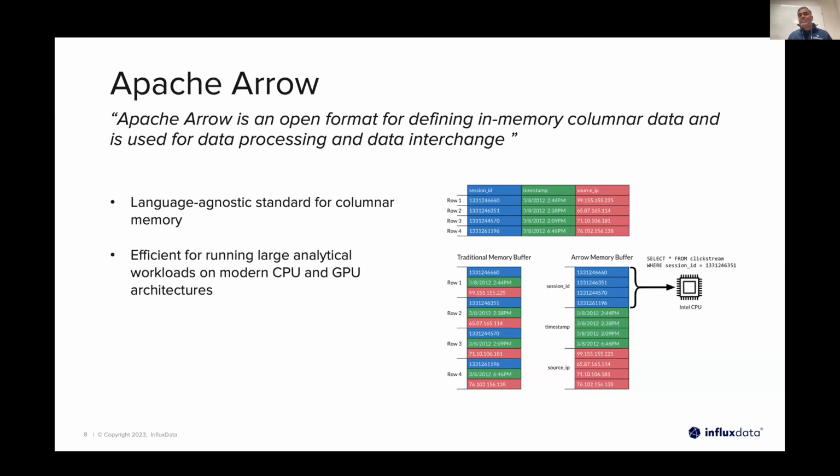All of that is not required. You can see some of the examples here. Apache Arrow memory already puts data in a columnar store rather than in a row format, which makes it easier to send back and forth without serialization and deserialization. It's very efficient for running large workloads on modern GPU and CPU architectures.